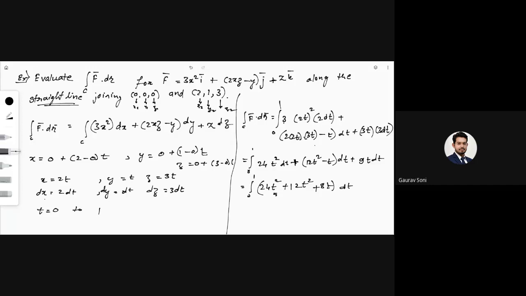So this will be 24 and 12, 36. And 36 t square plus 8t dt.